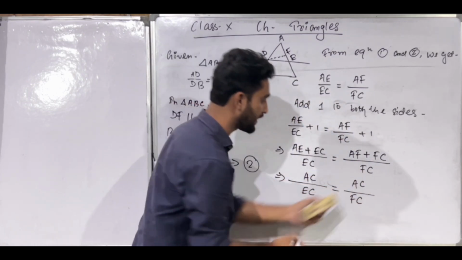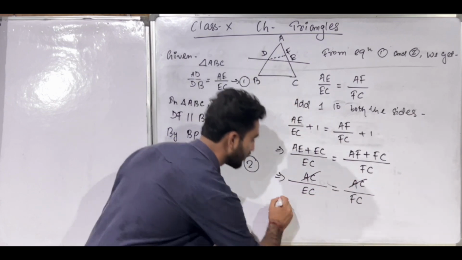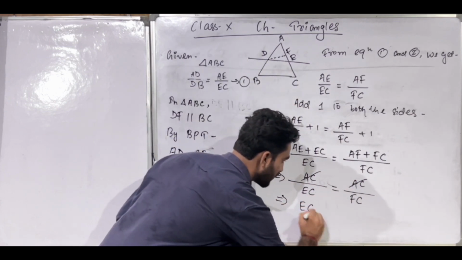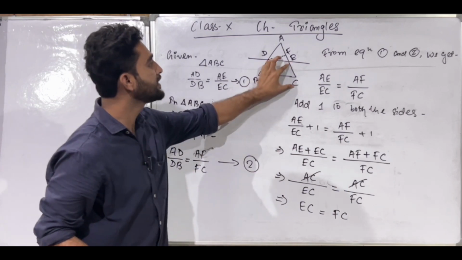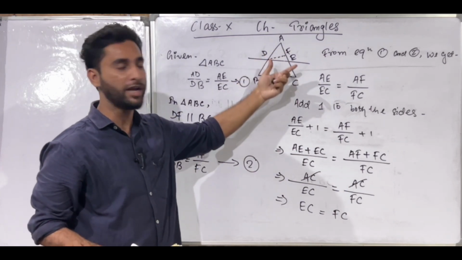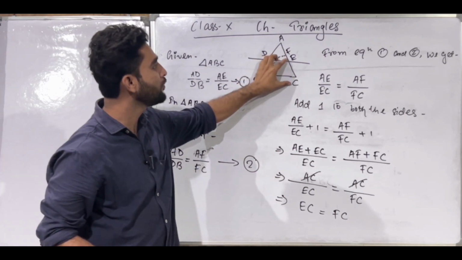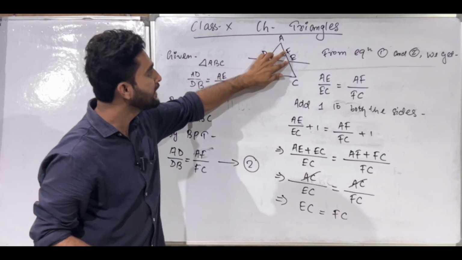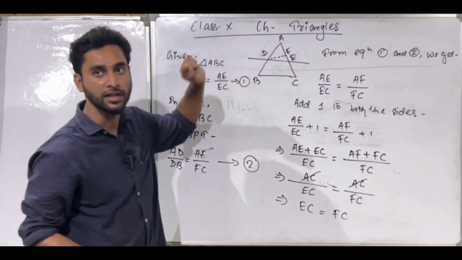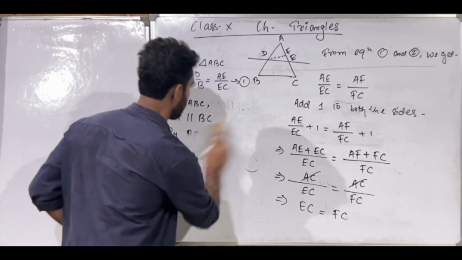Now AC is on both sides, so it can cancel out. So we get EC is equal to FC. Now when will EC be equal to FC? It is only possible if the points E and F coincide with each other.